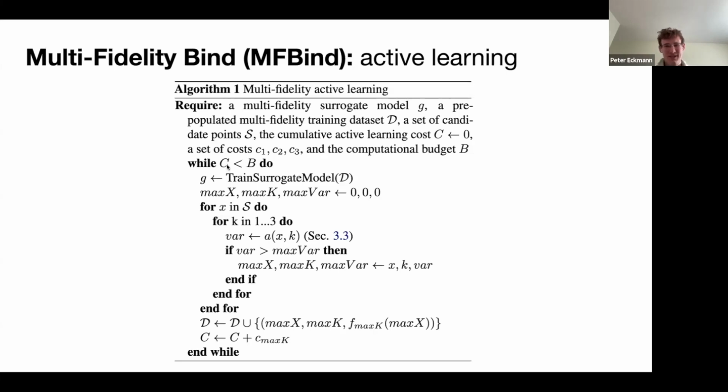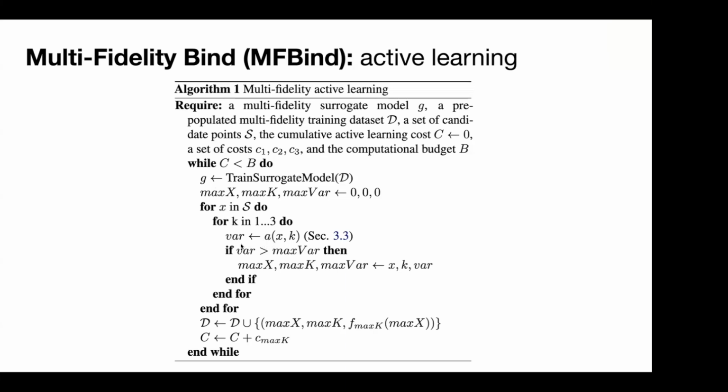So in general, the algorithm, while the running cost is less than the total budget, we first train the surrogate model on the data set, and then we iterate through the candidate points and each fidelity level, and we evaluate the acquisition function at each value.